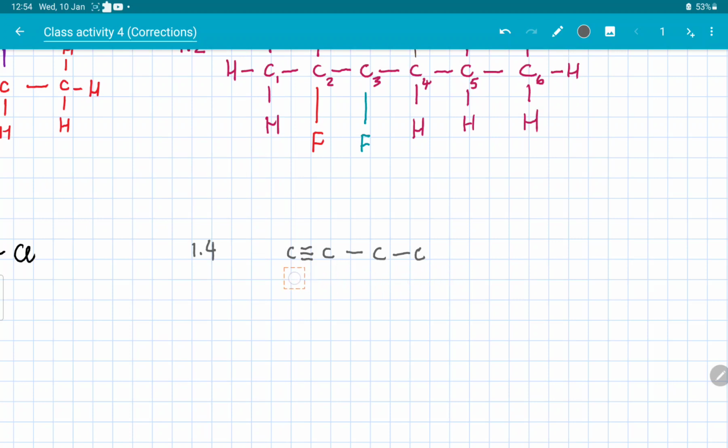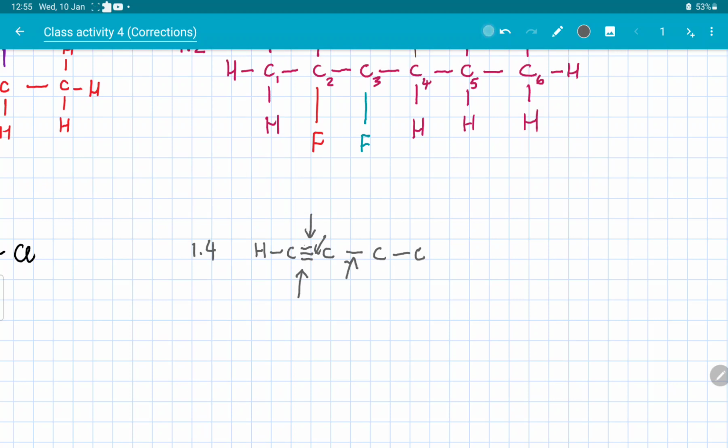Now all I need to do is make sure that each carbon has a stable octet structure. The first carbon has 1, 2, 3 bonds, so I add the 4th bond by placing a hydrogen. The middle one, carbon 2, I cannot place a hydrogen there, because it already has a stable octet structure: 1, 2, 3, 4 bonds around it.